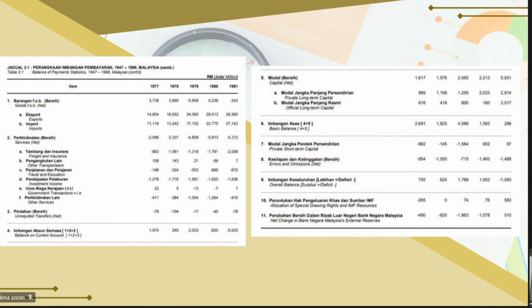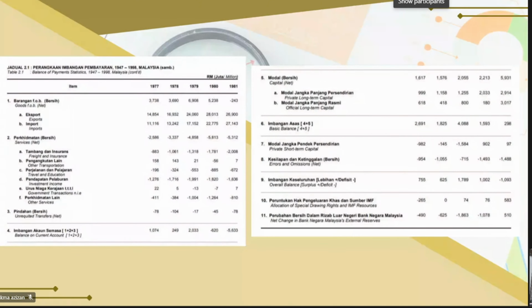Let's take a look at 1980. We still had a big amount of goods compared to other years, but at the same time, the total investment on services and unrequited transfer was bigger than goods. Then it made it a little bit of a struggle for our country to be in surplus.